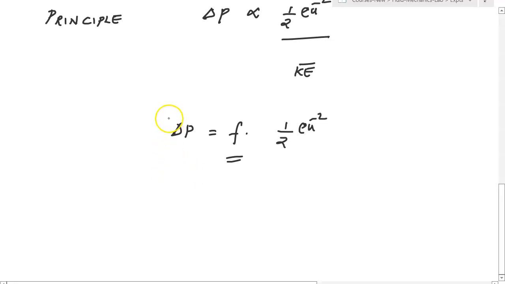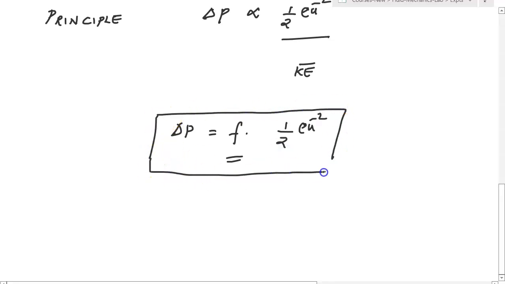Now, this is the principle that is being harnessed in a head meter. That means by knowing the pressure drop, one can measure the mean kinetic energy, and then one can measure the average velocity, and from average velocity one can measure the flow rate.